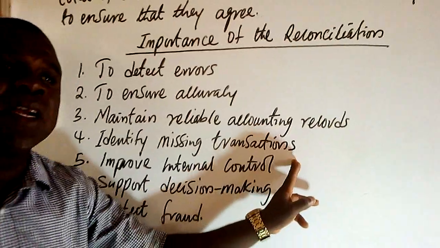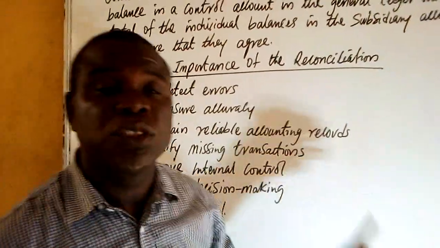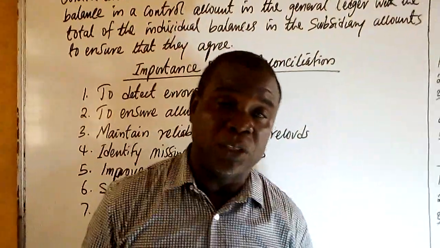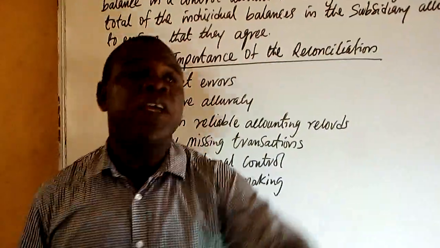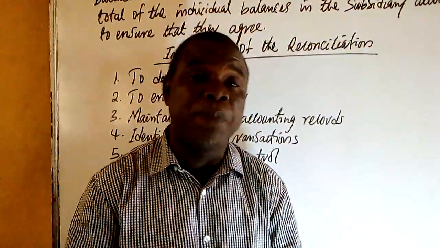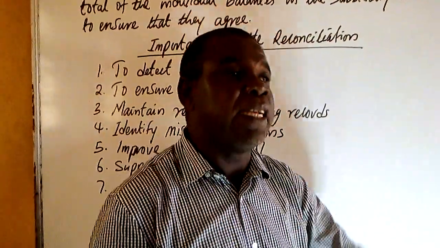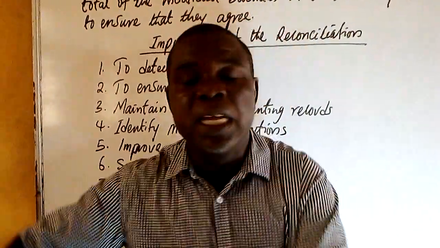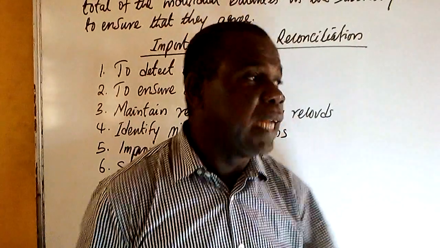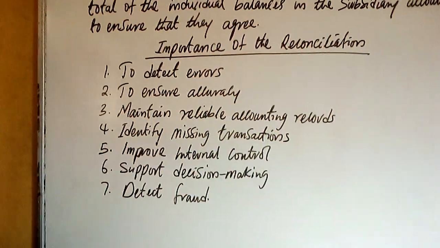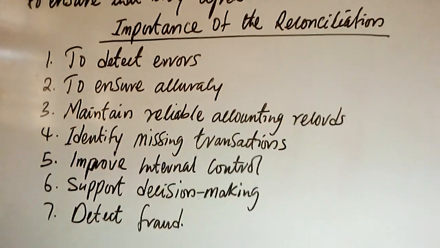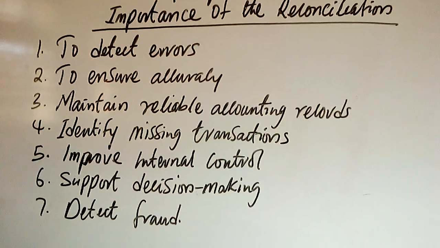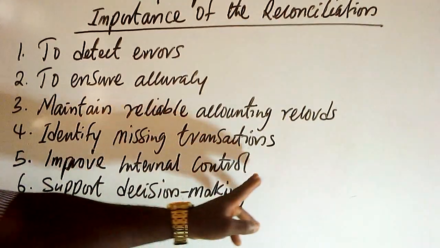One of the key areas of control account, I told you, is to identify the missing figures. So if a control account reconciliation is prepared and it is clear that a given figure is not used, then the two balances will disagree. Then if care is taken for proper investigation, such missing figure will be detected to improve internal control.